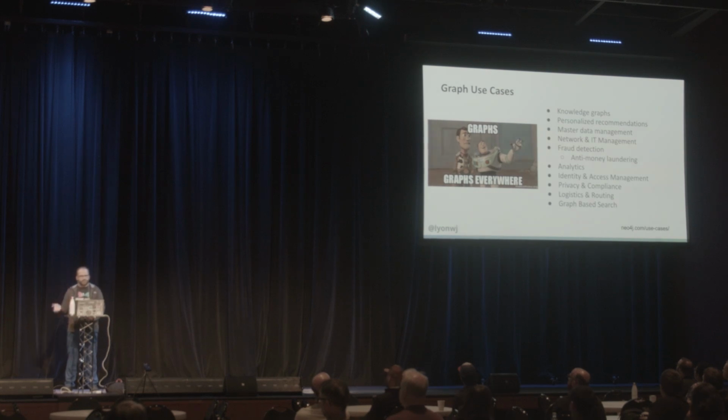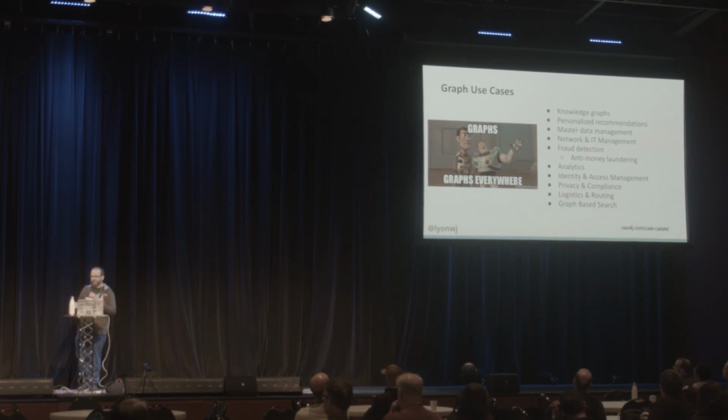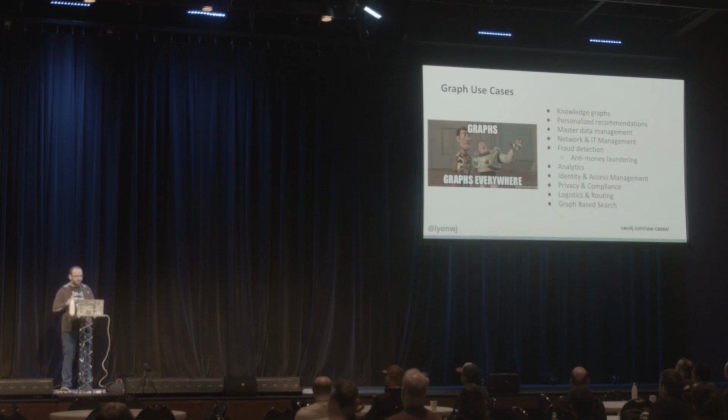These are some of the common use cases that we see people using Neo4j for, things like fraud detection, graph analytics, logistics, graph-based search. But really, I think once you start thinking in terms of graphs, you start to see graph problems everywhere. And because we're talking about GraphQL, I think we'll see that there's a symbiotic relationship when you're using GraphQL, which exposes graphs on the front end, and a graph database with a graph backend.